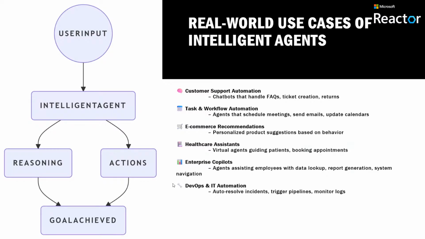So when we go for real world use cases of intelligent AI agents, intelligent agents are already being used in many industries currently. Their ability to automate tasks has unlocked new levels of productivity, and they are used in various things.